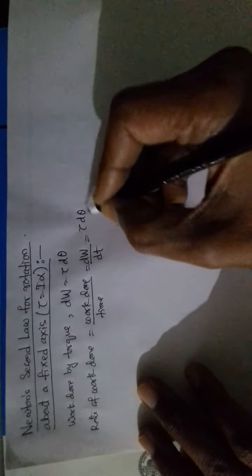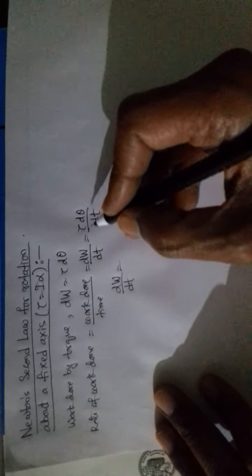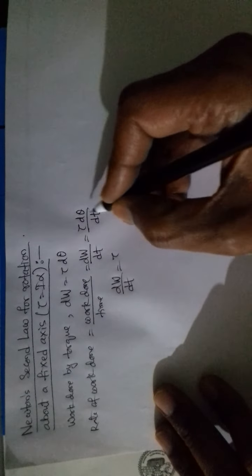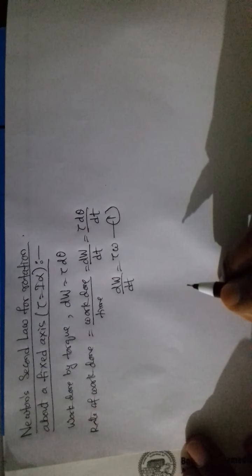Rate of work done is nothing but work done by time, that is dW by dt. So on both sides let us divide the equation by dt. So now dW by dt is equal to tau times d theta by dt, which means angular velocity. This is the rate of work done.